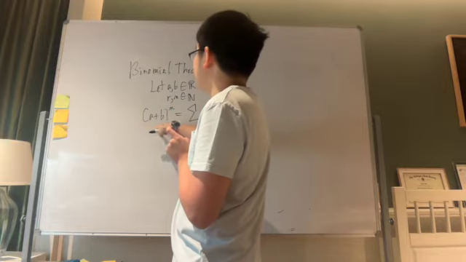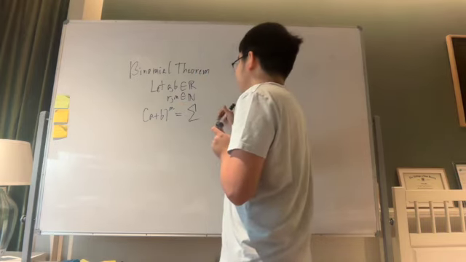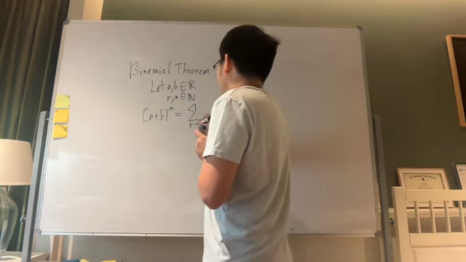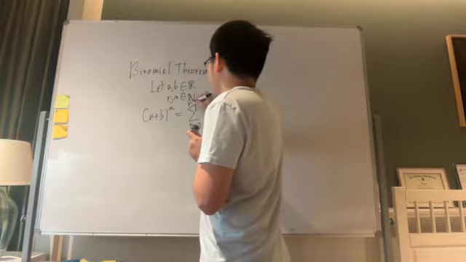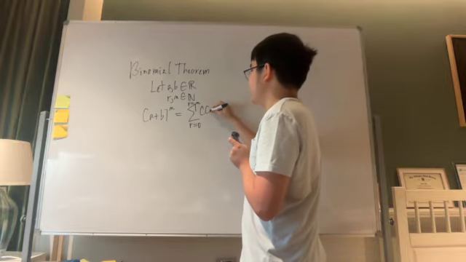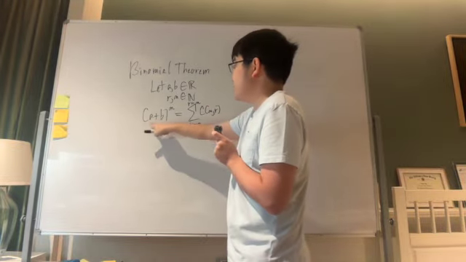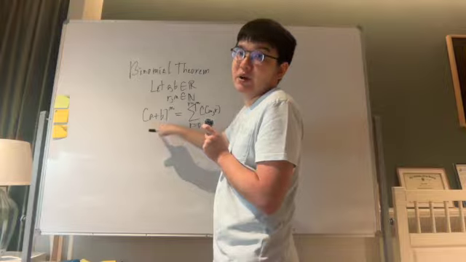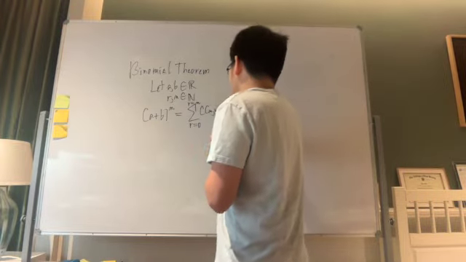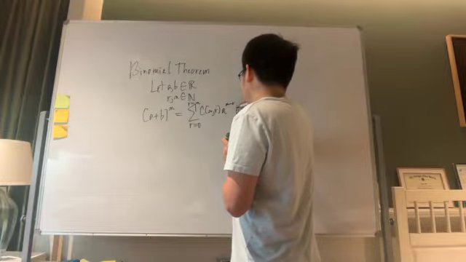The sum of those 2 real numbers raised to the n power equals the sum, from r equals 0 to r equals n, of the combination of these items multiplied by each of these 2 real numbers in the binomial raised to the corresponding powers, a to the n minus r and b to the r.